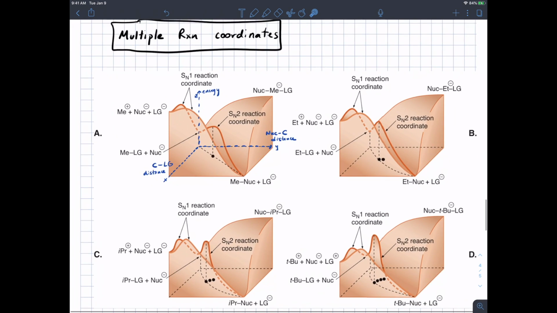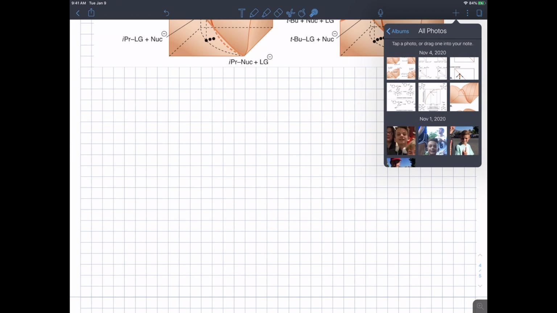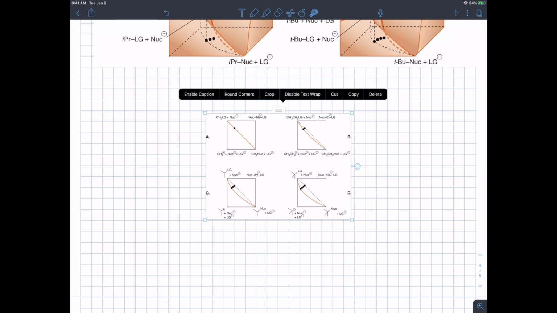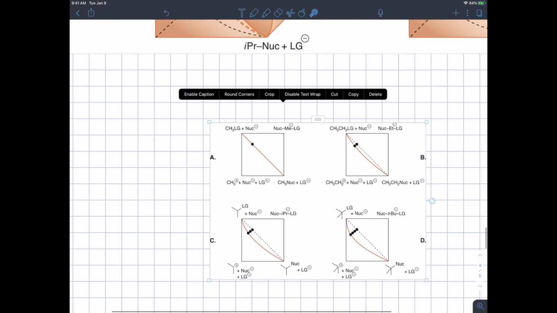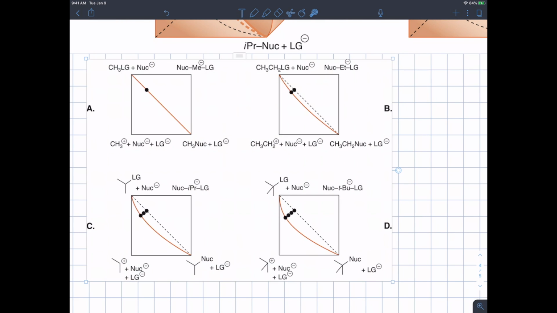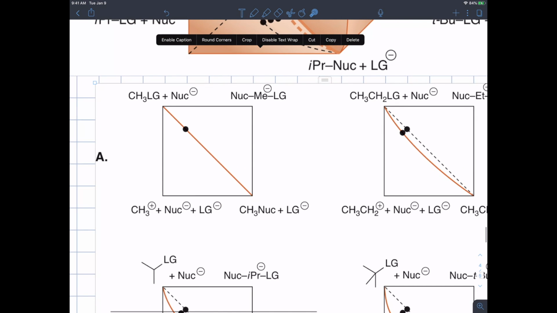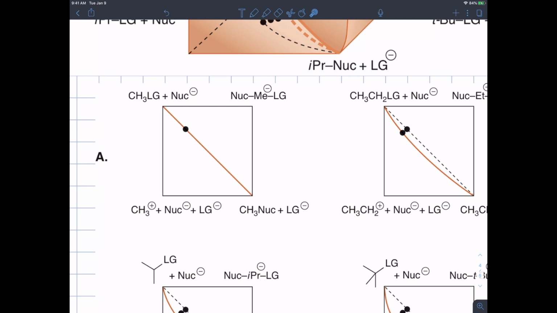We can simplify this diagram by thinking about the top-down view. So we just put ourselves above the potential energy surface. Now we don't know what the energy differences are at this point. We can't see them. We're staring down the z-axis, and we're not attempting to plot them, but we're showing you, in this case, just the SN2 trajectory.